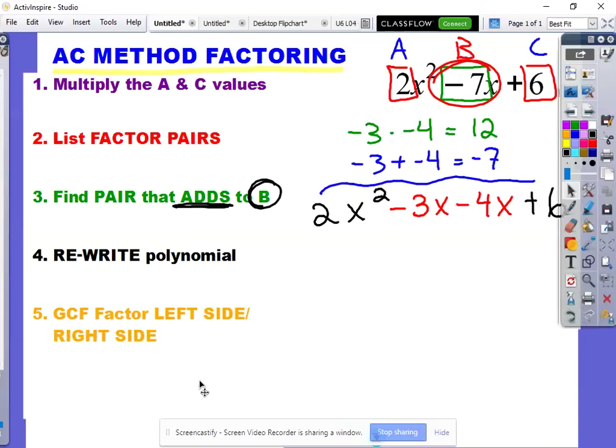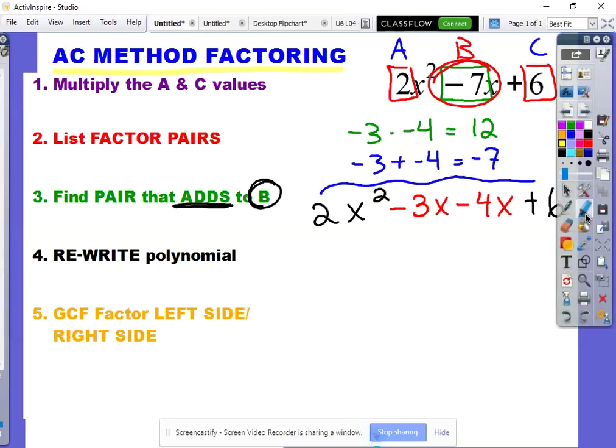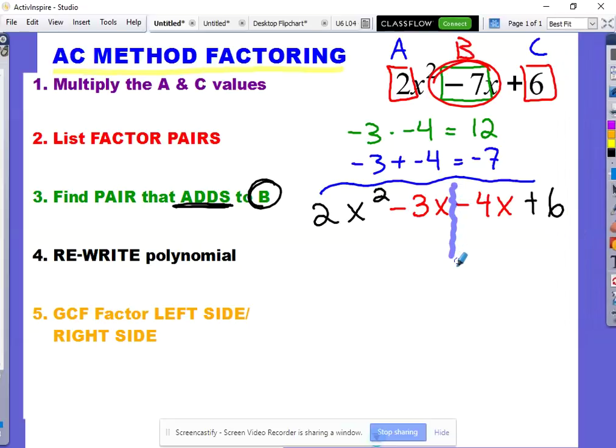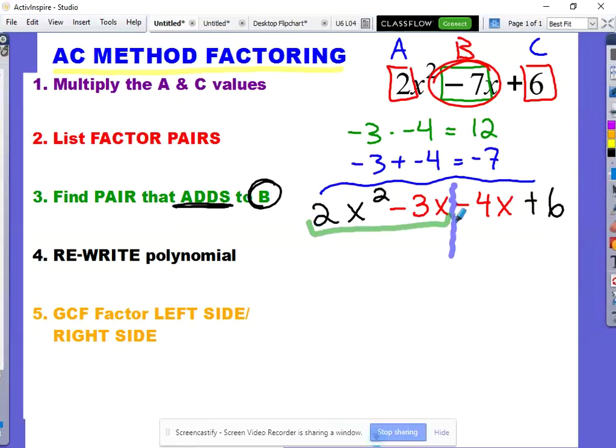So that's step 4, is to rewrite your polynomial using those two terms in the middle. Step 5 is we're now going to factor out a GCF from the left side and the right side. So the first thing we got to do is establish our left and right side. So draw a little line between your terms. Make sure you don't cover up the negative sign because we don't want to forget that that's negative. So now that we've done that, we're going to ask ourselves, what is the GCF of these two terms? And then later, what's the GCF of these two terms?